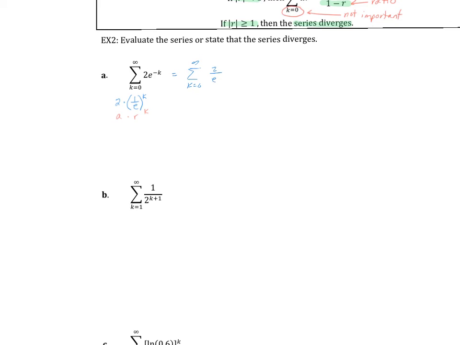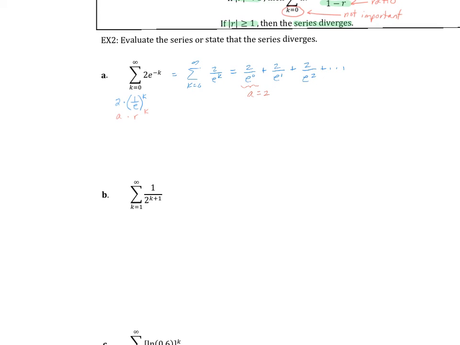If I expand this out, when k equals 0, this is 2 over e to the 0, plus when k equals 1, this is 2 over e to the 1, plus 2 over e squared, and so on. Notice that the first term is always your a value. So in this case, my a is 2 over 1, which is simply 2.